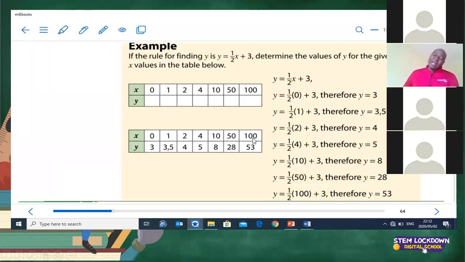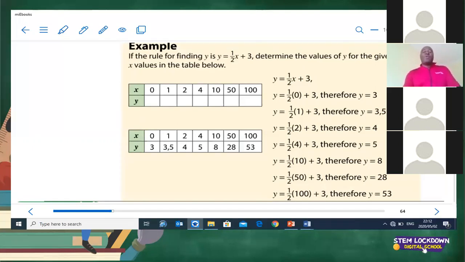So x is 100 there, you have y is equal to half of 100 plus 3. And half of 100 is 50. And 50 plus 3 gives you 53. And that brings us to the end of the table, where you will be able to find the values of y using the available values of x.